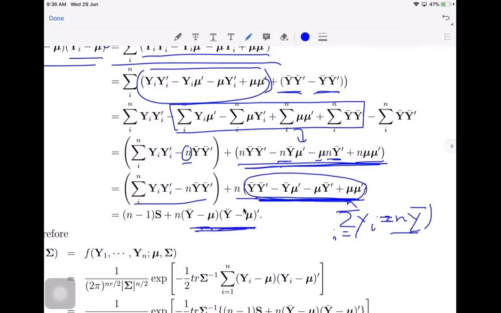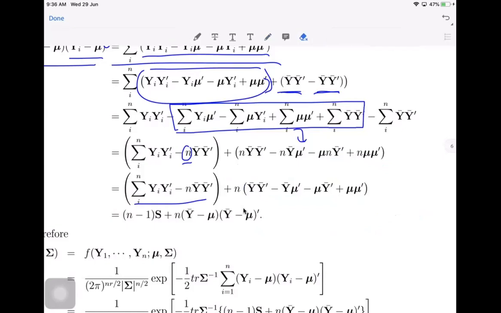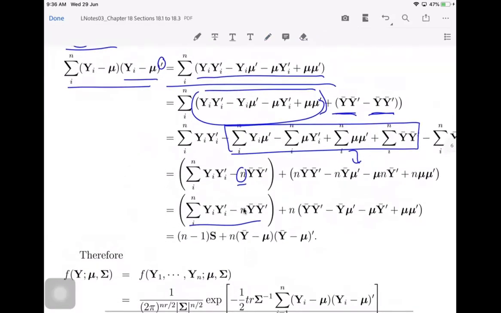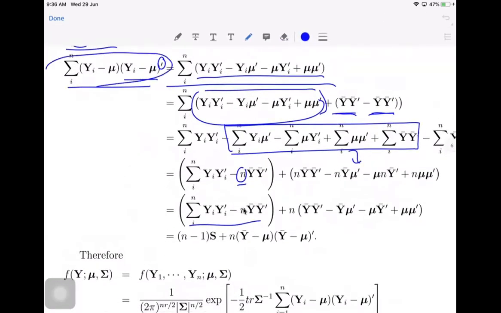You can check. If you multiply these two terms, it will yield this term. Okay. So now we have expressed this as this.